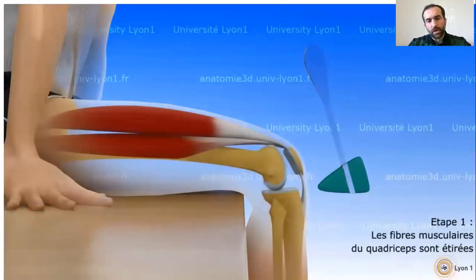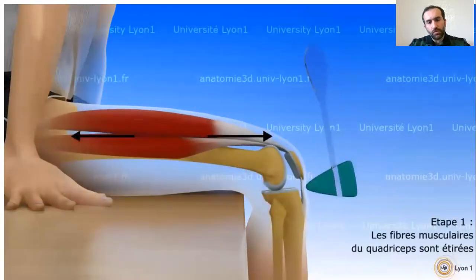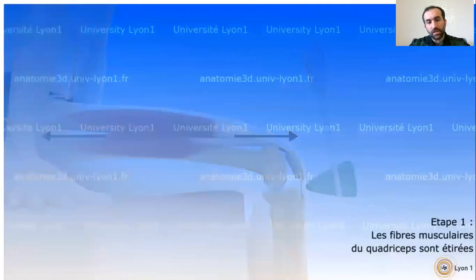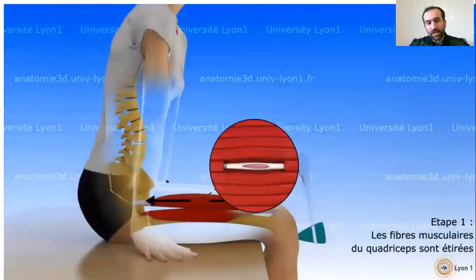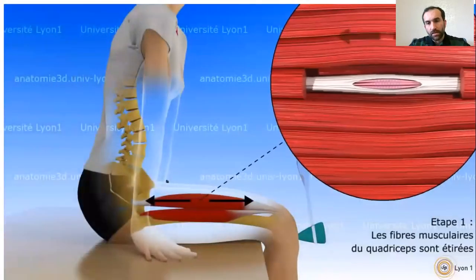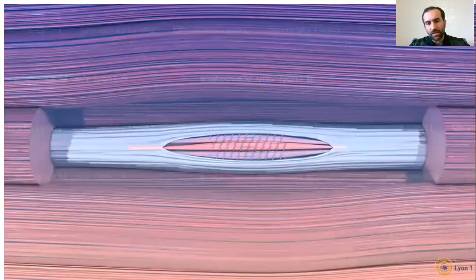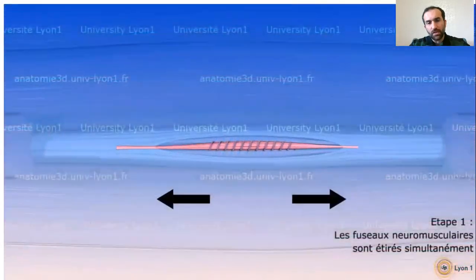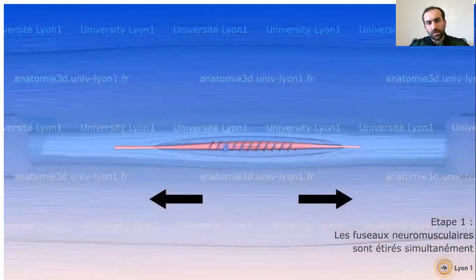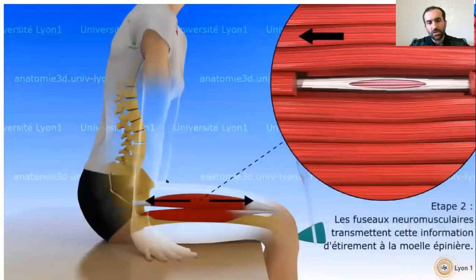Now, to repeat, hitting the tendon will stretch the muscle. This stretching will also stretch the neuromuscular spindle that is found inside the muscle. And this stretching of the neuromuscular spindle will lead to a sensory message directed to the spinal cord.